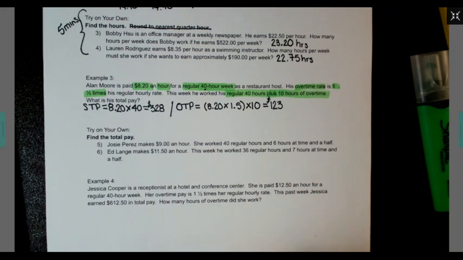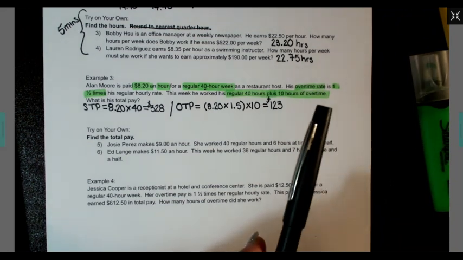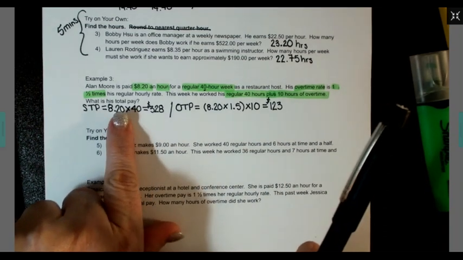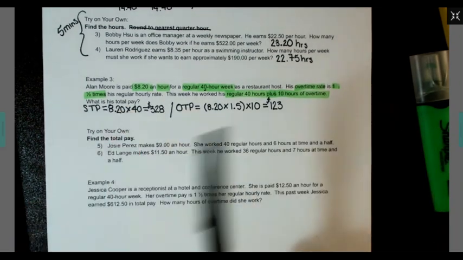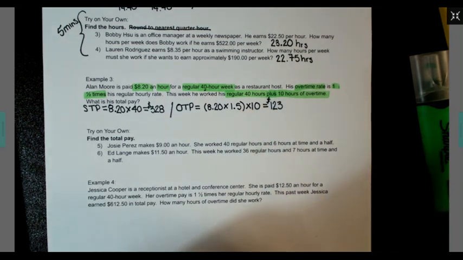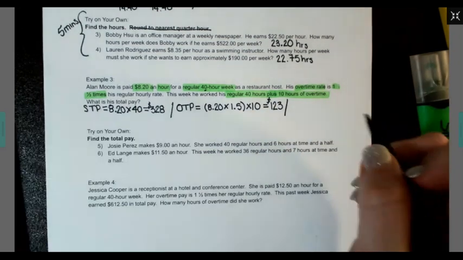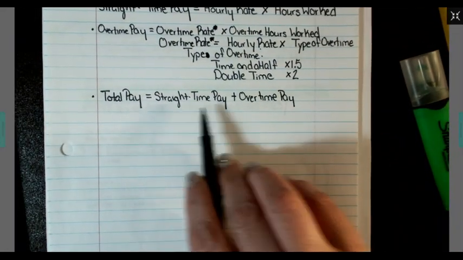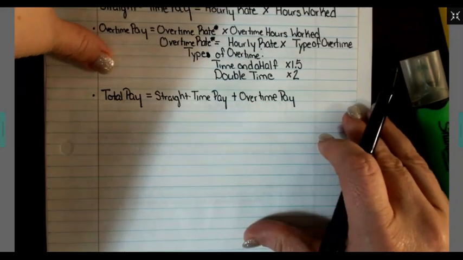But have I answered my question? I don't think I've answered the question, because the question asked me, what's my total pay? I see straight time, I see overtime, but I don't see total. So we're going to have to go back to our equation sheet. Total pay equals your straight time plus your overtime. Well, I have those now.